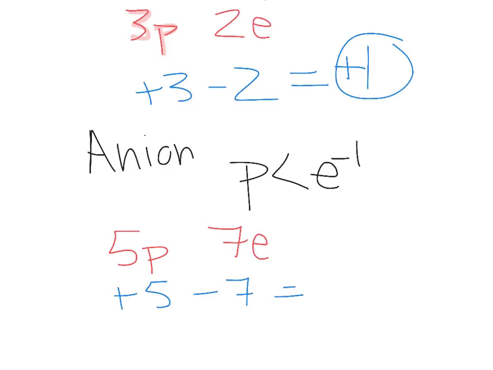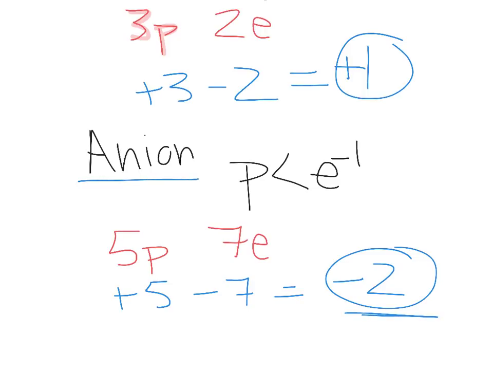What is 5 minus 7? Oh, it's a negative 2. So that is why if you have more electrons than protons, you get a negative charge, and a negative charge causes it to be called an anion. So remember, these are only for ions. Atoms, these guys have to cancel out. But in the event that they don't cancel out, we just call them ions.